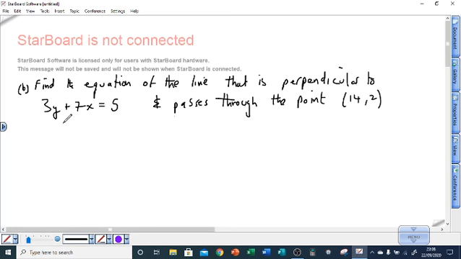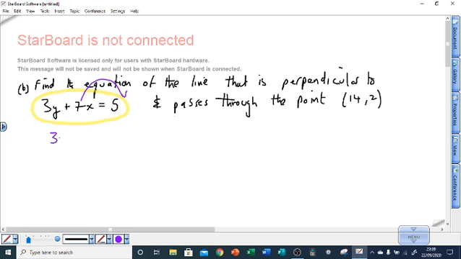Well, first of all, we've got to pull out the gradient from this graph here. We need to realize that the gradient isn't just the number in front of x, it has to be in the format of y equals mx plus c. I've got to have a single y on its own. So the first thing I check is, is the amount of y's positive? Yeah. That means I don't want this on this side, so pick it up and throw it over. It changes sign.